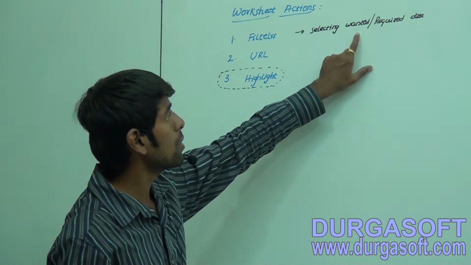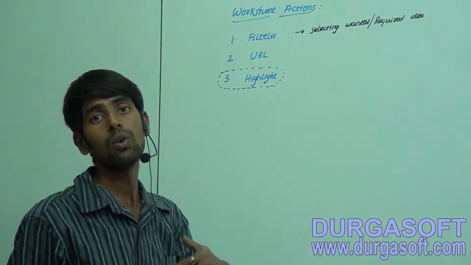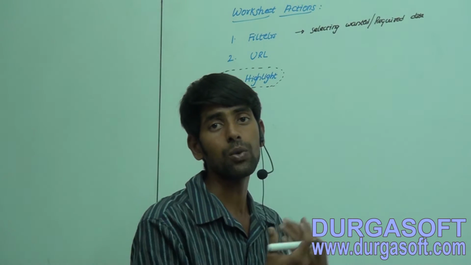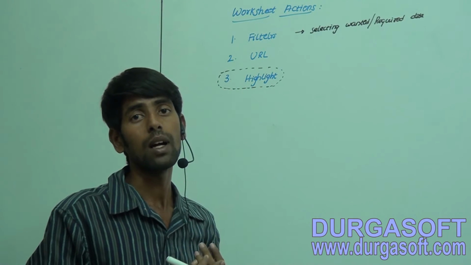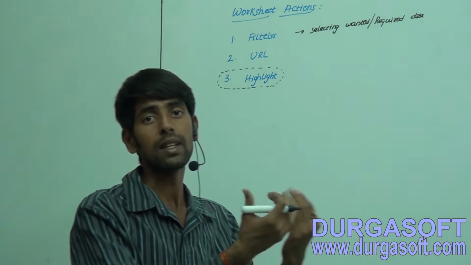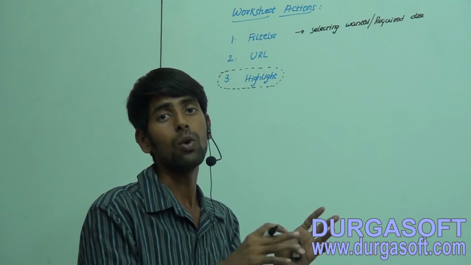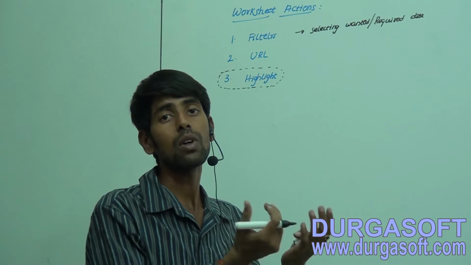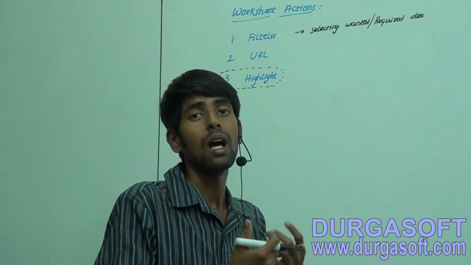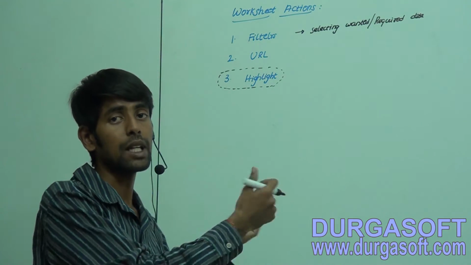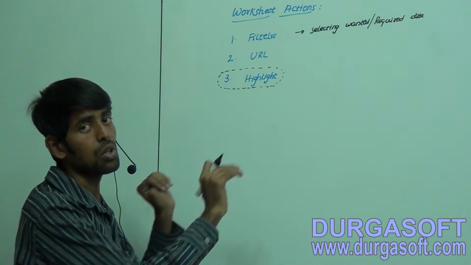Here I am talking about the wanted data. That is, if I want only two guys, I am going to take only two guys. Or if I want only my girlfriend, I am going to call only that girl in a crowd. If I don't want to call all the girls, but only my girlfriend, how can I do that? It is so simple. Try to just focus on this.